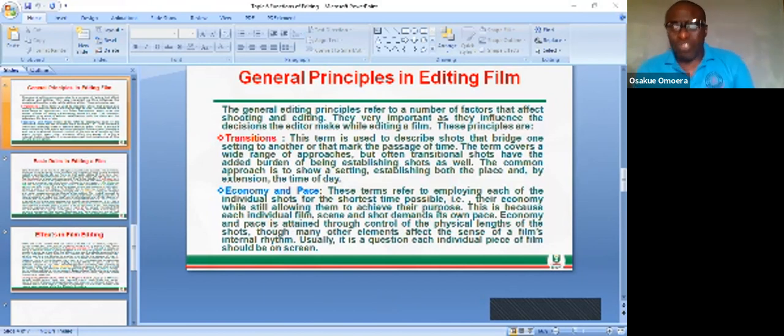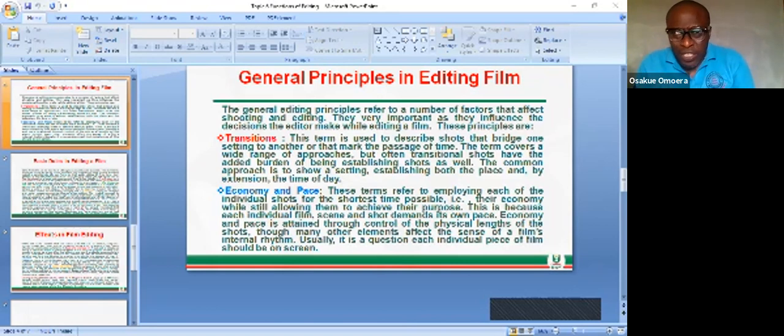What is transitions? The term is used to describe shots that bridge one setting to another, or that mark the passage of time. You say they are transitioning, for example. The term covers a wide range of approaches, but often transitional shots have the added burden of being establishing shots. The common approach is to show a setting, establishing both the place and, by extension, the time of the day.